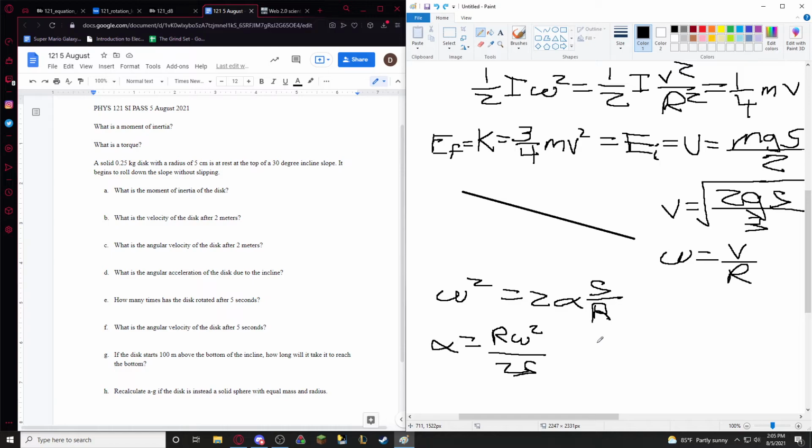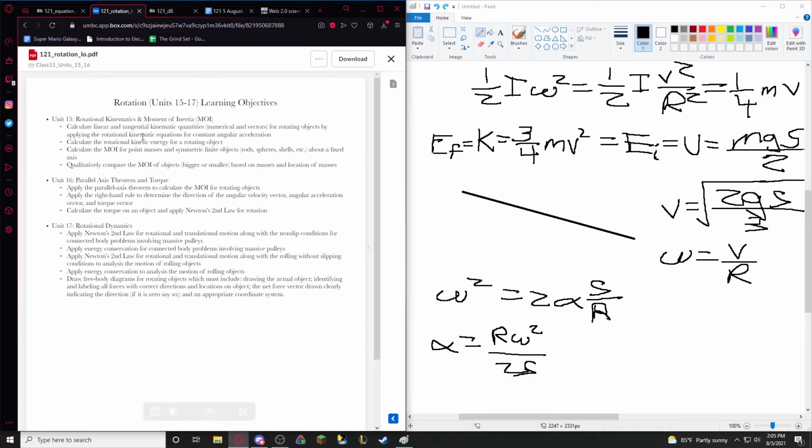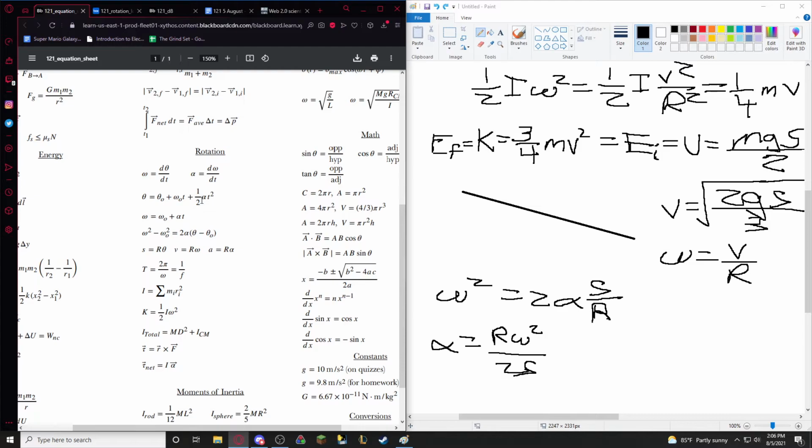You could use the first equation, cancel out the initial angular acceleration, because it's 0. Is the initial angular acceleration 0? Yes, because it's at rest, right? Oh, you mean the initial angular velocity is 0? Oh, yeah. Velocity, my bad. Yep. So angular velocity is 0, so it's just half alpha t squared. And that would give us the total radians rotated.